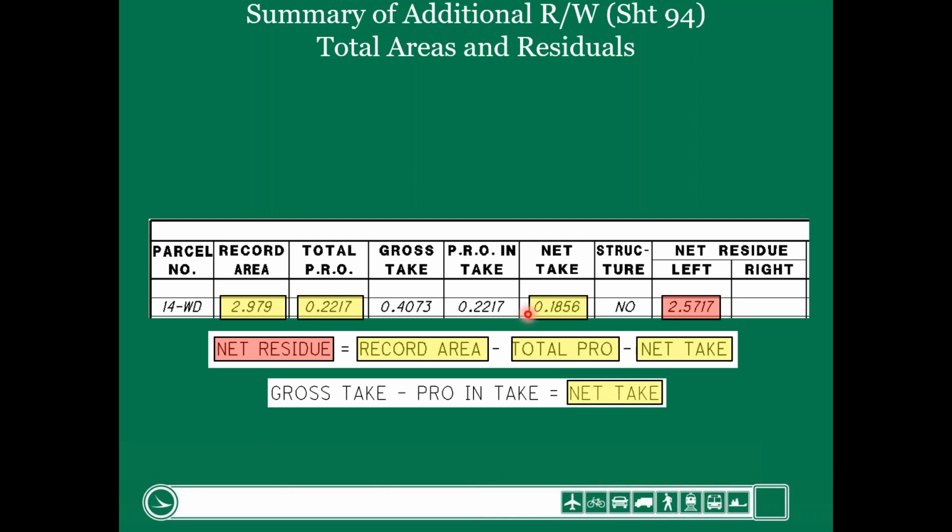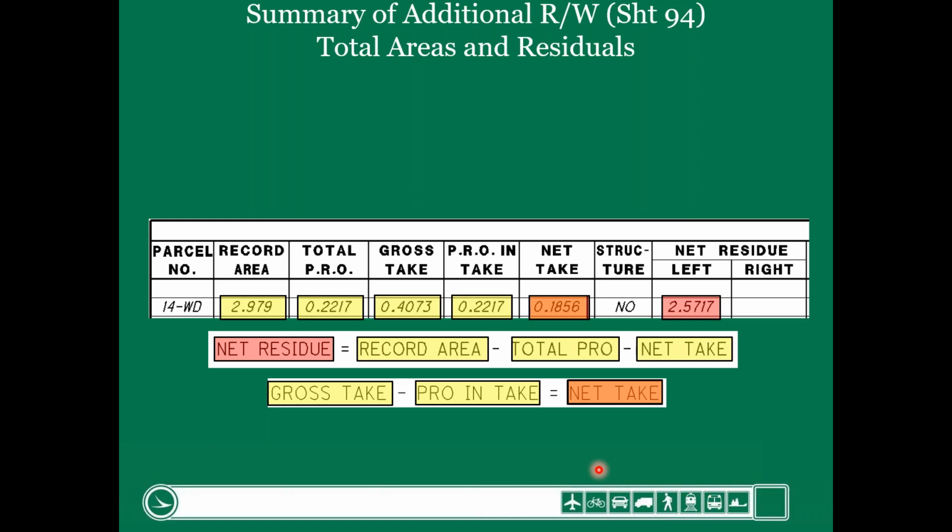How do you get to the net take? You take the gross take, subtract the PRO intake, and that equals the net take. You want to take a snapshot of that. You should have this stuff in PDF, but ultimately that's how we come up with these numbers.